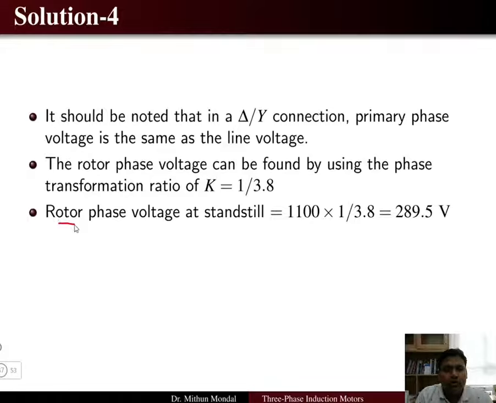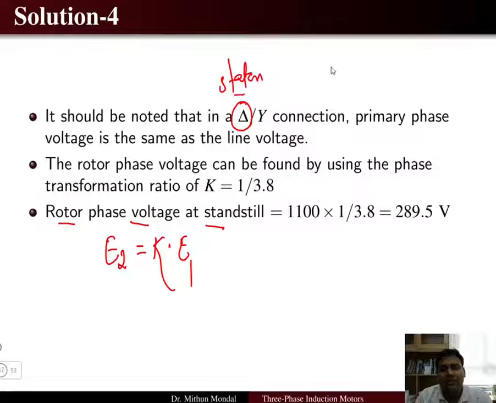Now the rotor phase voltage at standstill condition, the value of E2 that you need to find, is equal to the transformation ratio K multiplied with E1. Since the stator is a delta connected network, we know that in a delta connection the line voltage is equal to the phase voltage.